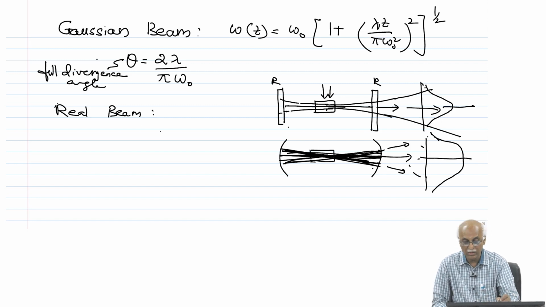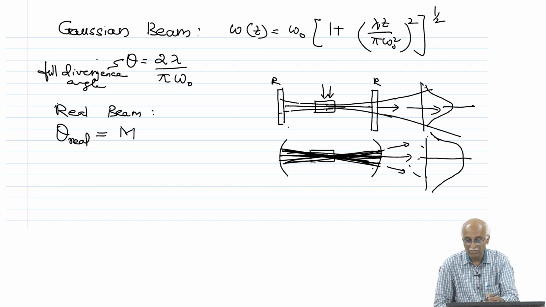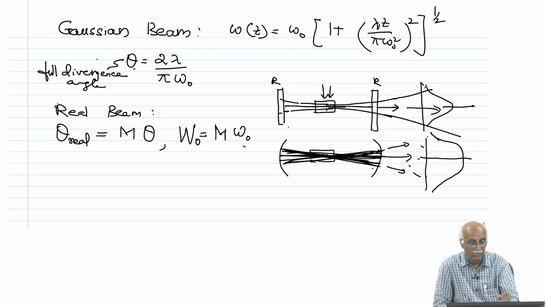So the real beam is represented by theta real, which is represented by a factor M representing the mode distribution. It is very difficult to predict, but we can represent it as equivalent to M times theta ideal, as well as the beam waist size w0 real being M times the ideal beam waist. So this is our definition.